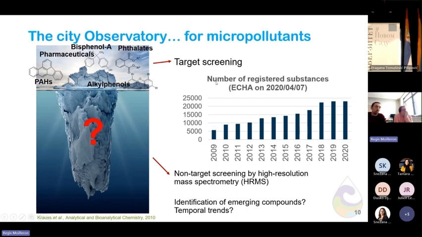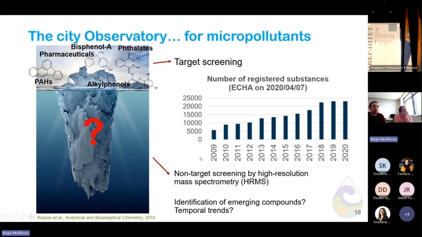So we cannot follow by target screening all the molecules that are created every year and that will be created in the future. So that's why non-target screening can be complementary to analyze such new molecules that could emerge as new compounds in the wastewater.